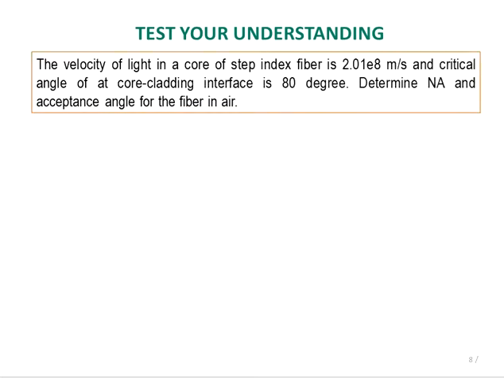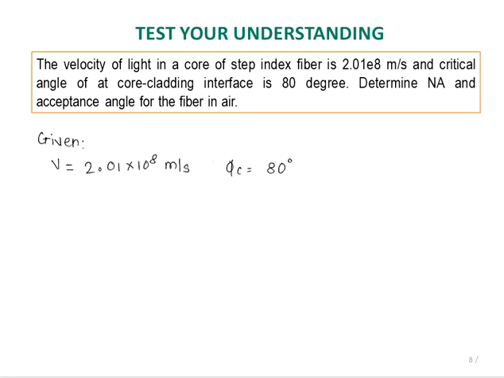The velocity of light in the core of a step index fiber is 2.01 into 10 raised to 8 meter per second, and the critical angle is 80 degree. Determine the numerical aperture and acceptance angle in air. So now the given thing, remember the velocity of light in the medium is given.